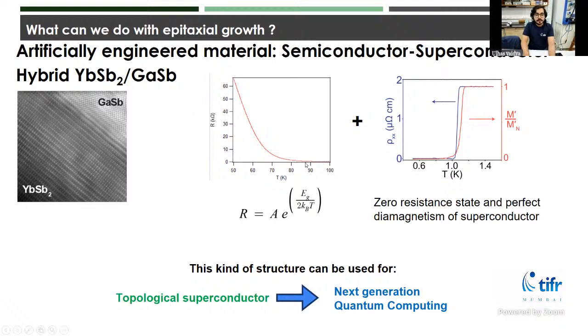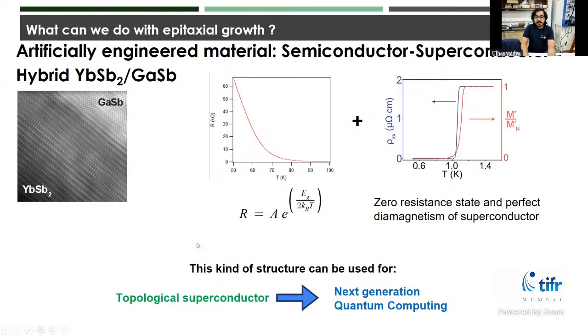If you measure the resistance of gallium antimony as you cool down the temperature, the resistance will go up. This is a signature of a semiconductor. And in YbSb2, you will get a zero resistance state as well as a perfect diamagnetism from the superconductivity. So here we have combined the semiconductor and superconductor into a single entity.